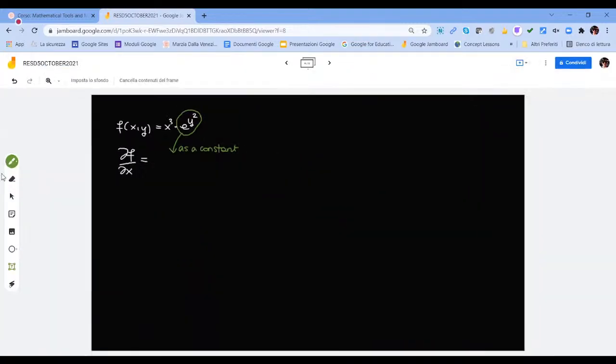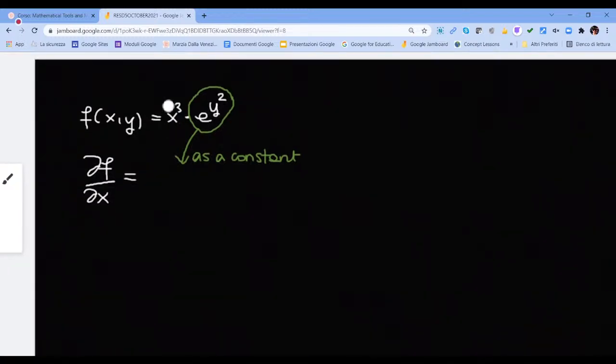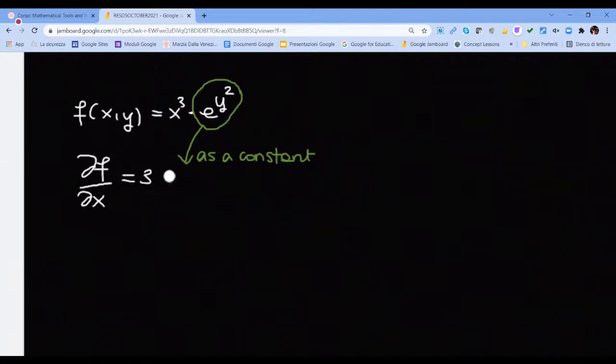That means that you should derive x cubed, this is 3x squared, and let the other factor remain the same. This time it is not a sum anymore, but a product.